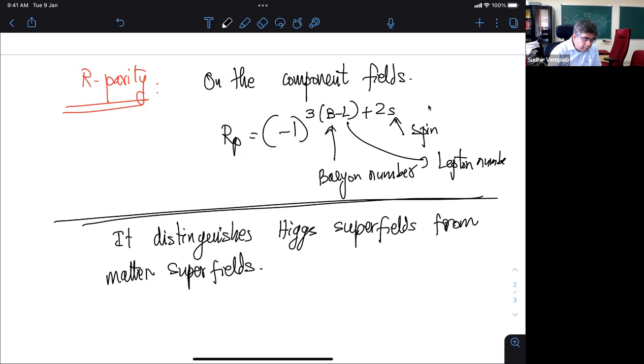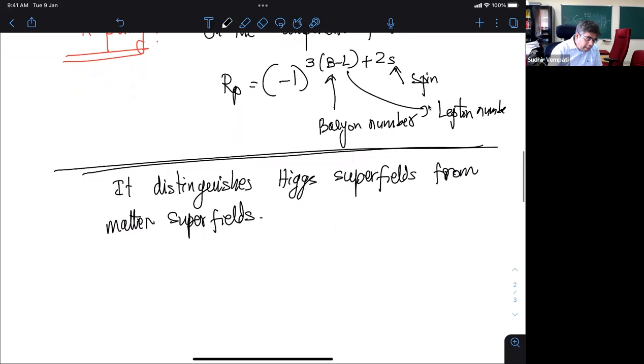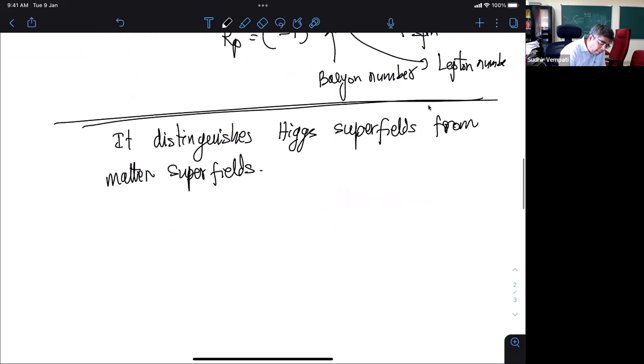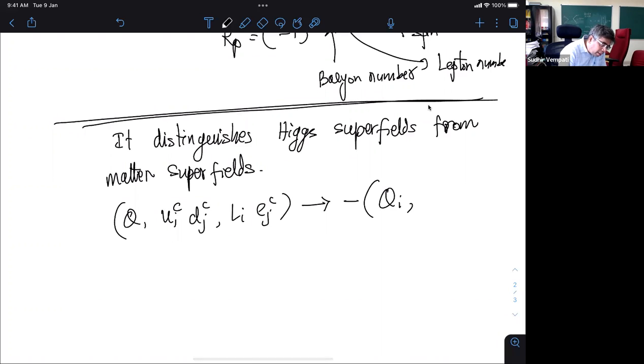That's the basic idea. And so what happens is, all the Q, U, I, D, J, C, L, I, E, J, E, I, C, all these fields will pick up a minus sign. All these superfields will pick up a minus sign under R parity.